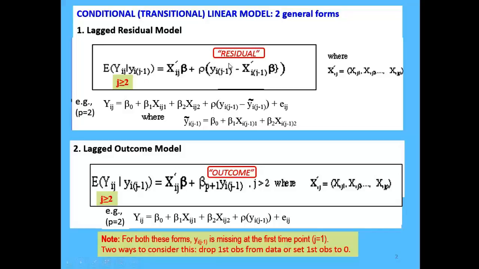And this is the expected value or the predicted value for the immediately preceding outcome, because it says x_ij minus 1 times beta. So that's what's in here. If you think about the immediately preceding one minus what the model is predicting for the immediately preceding one, you're talking about a residual, aren't you? The y minus what it's being predicted for the immediately preceding. You're talking about a residual. It's like an error term.